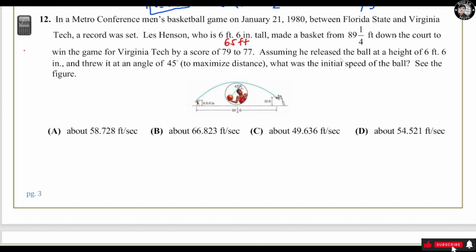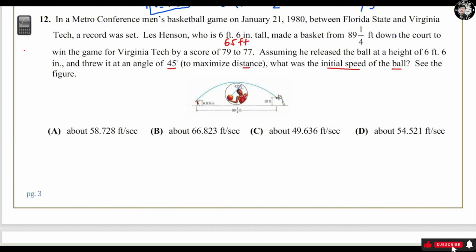Assuming he released the ball at a height of 6 feet 6 inches and threw it at an angle of 45 degrees to maximize distance, what was the initial speed of the ball? See the figure. Alright.